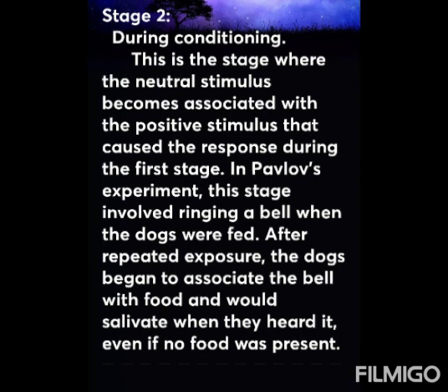Stage 2 is during conditioning. This is the stage where the neutral stimulus becomes associated with the positive stimulus that caused the response during the first stage. In Pavlov's experiment, this stage involved ringing a bell when the dogs were fed. So we ring the bell along with giving the food to the dog.